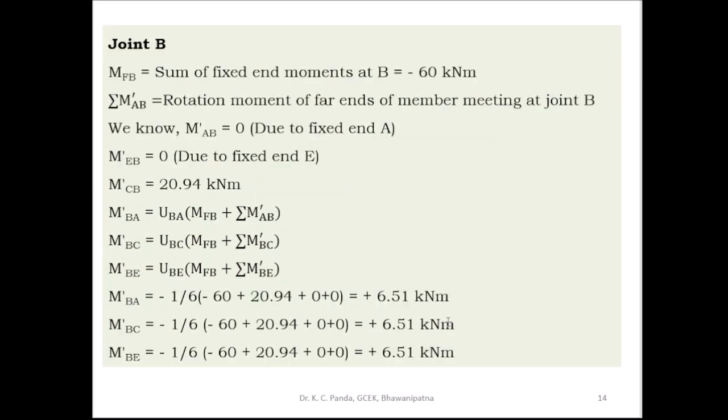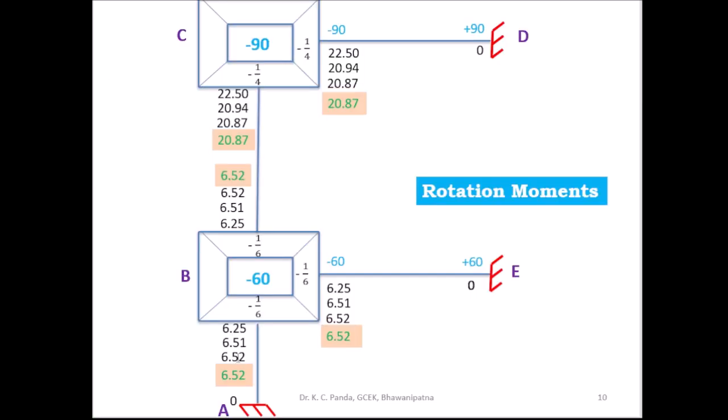In tabular form, this is the third cycle rotation moment m dash BA, this is the fourth cycle rotation moment m dash BA; this is the third cycle rotation moment m dash BE, this is the fourth cycle rotation moment m dash BE; and this is the third cycle rotation moment m dash BC, fourth cycle rotation moment m dash BC. Similarly m dash CB third and fourth 20.87, and m dash CD third and fourth 20.87.